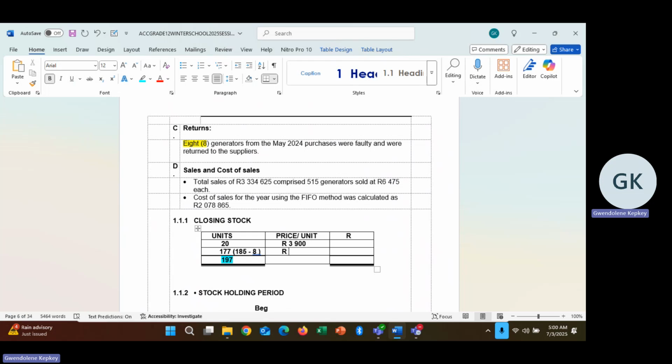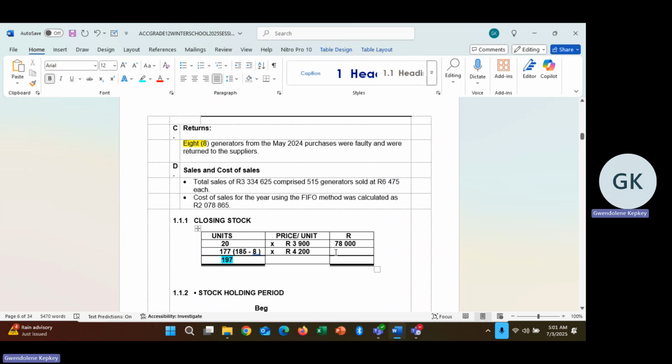We have a rand value of 4,200. Now we just simply need to do a calculation. It is obvious that I'm going to multiply the rand value with the number of items. If I do so, you should come to a rand value of 78,000.